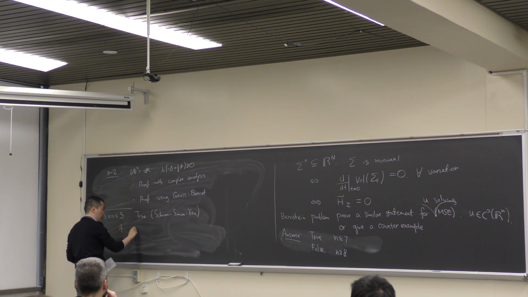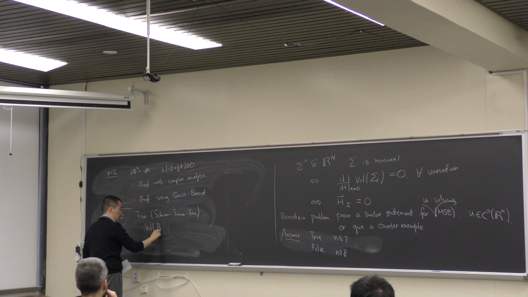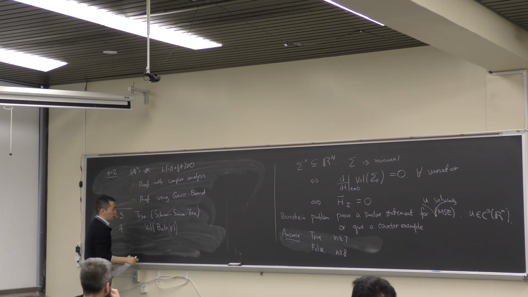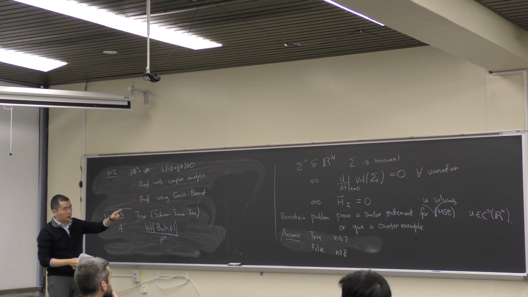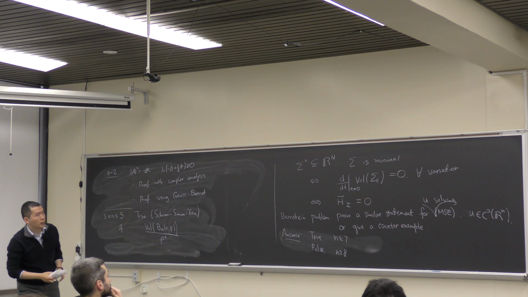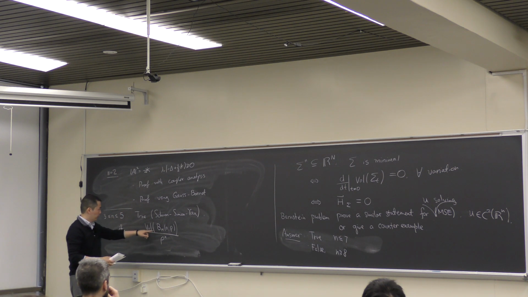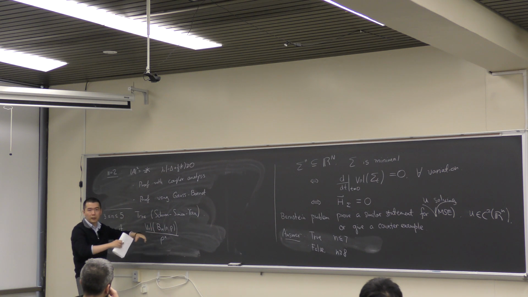Namely, one can compute the volume of the intrinsic ball divided by rho to the n. Notice that in the monotonicity formula that I probably already erased, we're taking the volume of the intersection of M with the ambient ball.